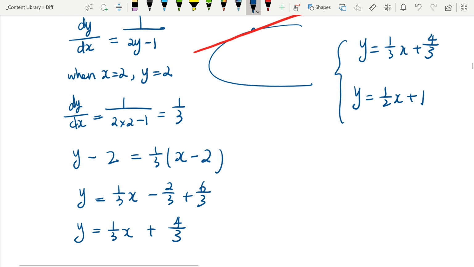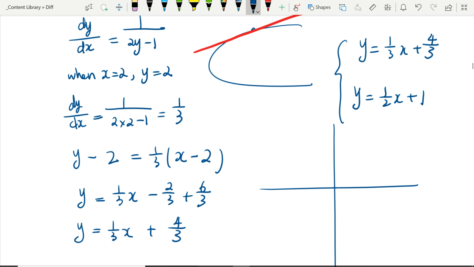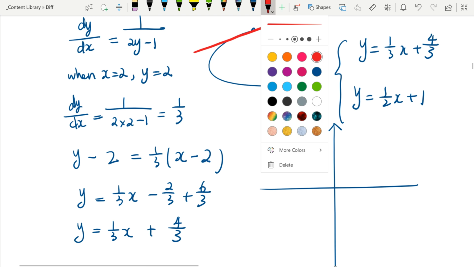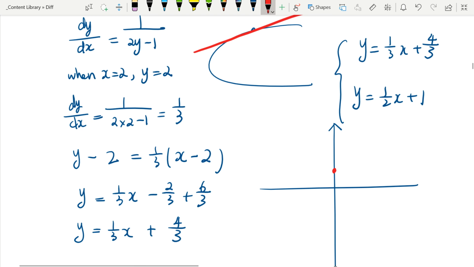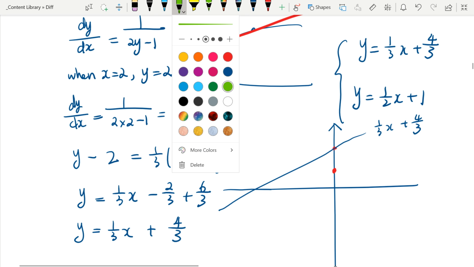Tan theta. If I roughly sketch those two graphs, this is a flatter graph, so it's a third x plus 4 over 3. And a little bit steeper graph, that's the half one.